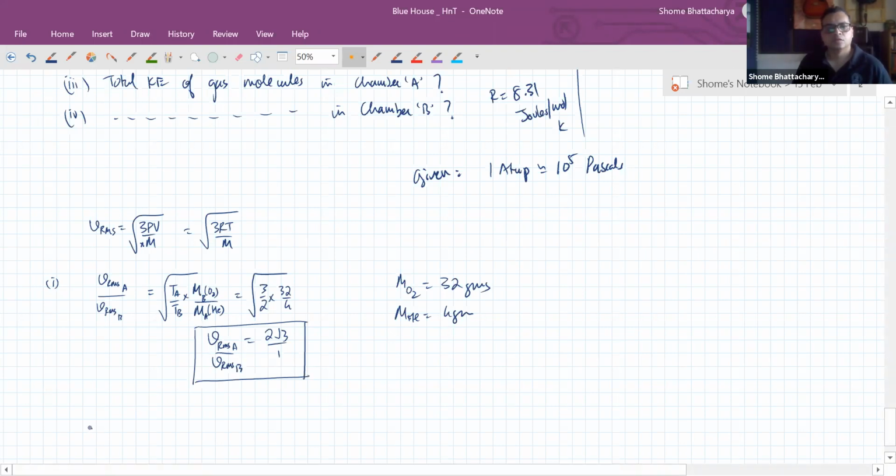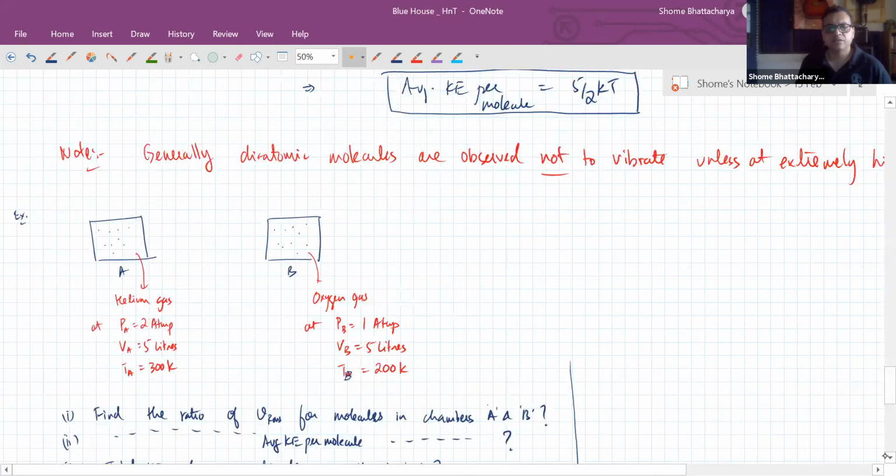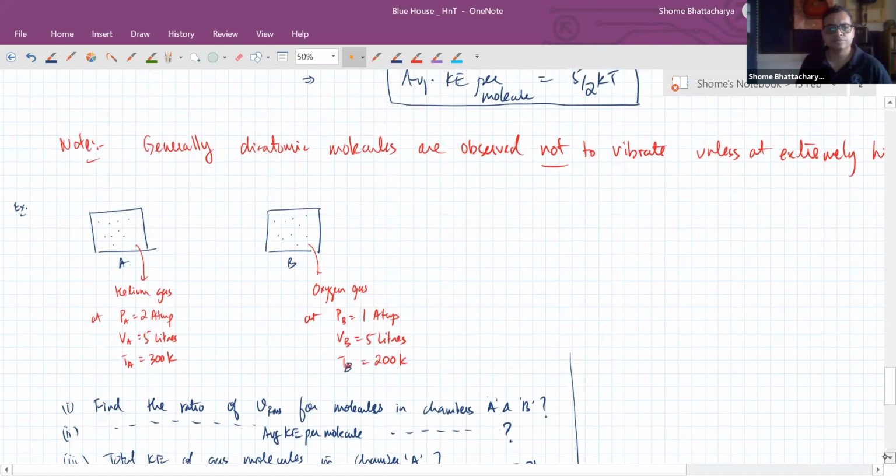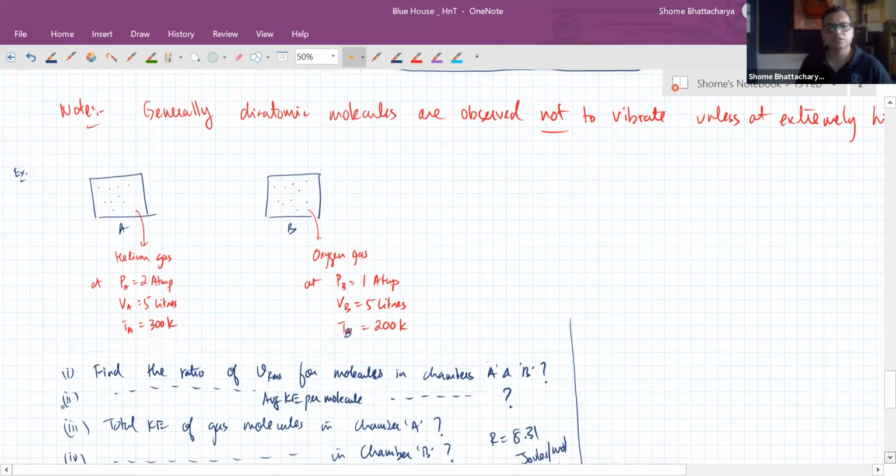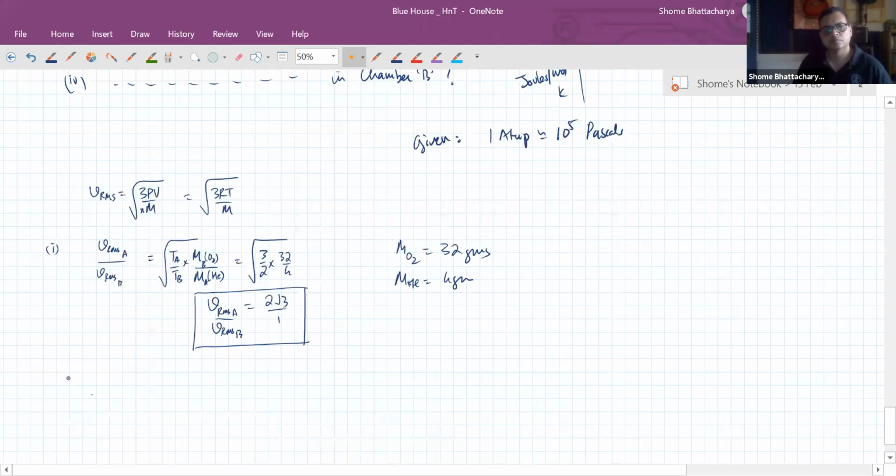Whereas when we come to the average kinetic energy per molecule, we should remember the law of equipartition of energy. Average kinetic energy per molecule per degree of freedom is half kT. So that means average kinetic energy per molecule is equal to F into half kT.